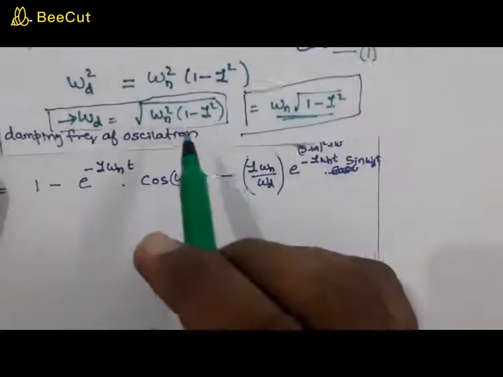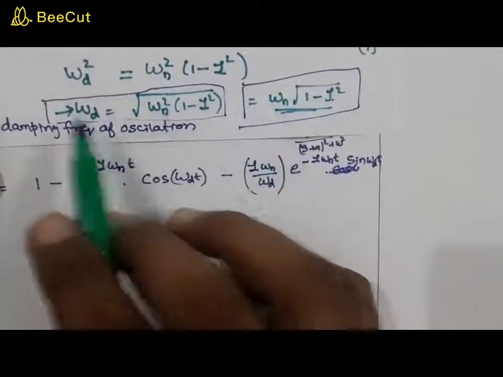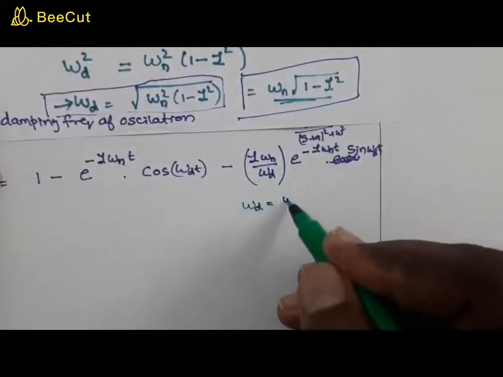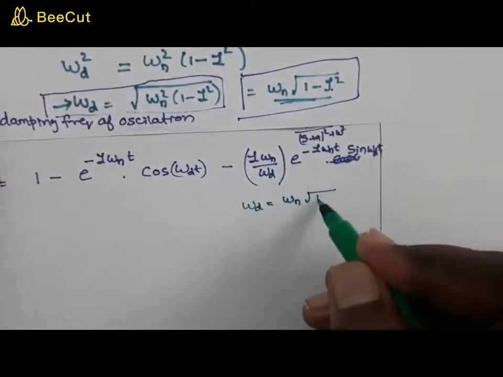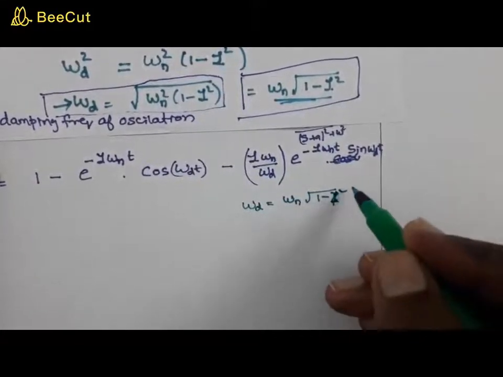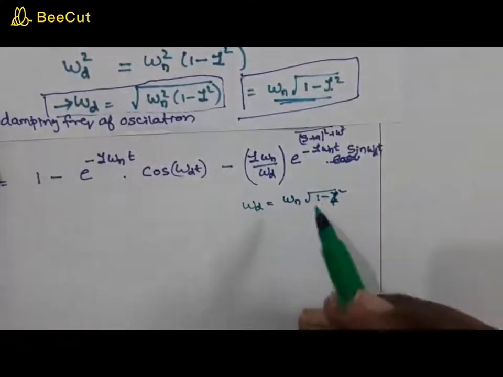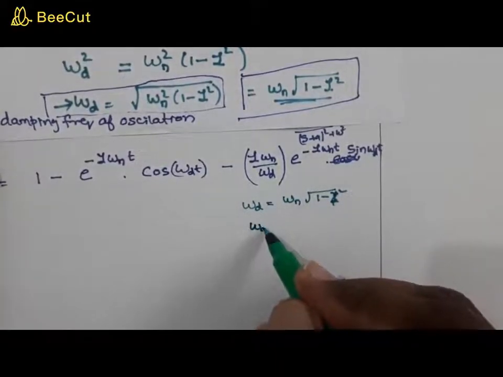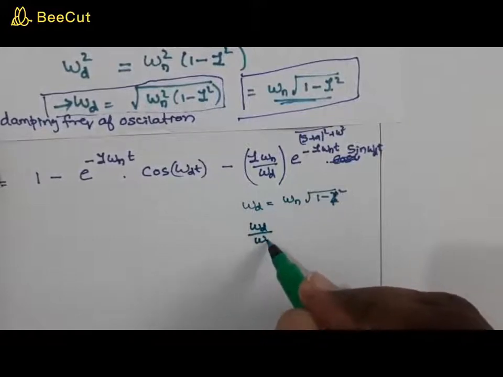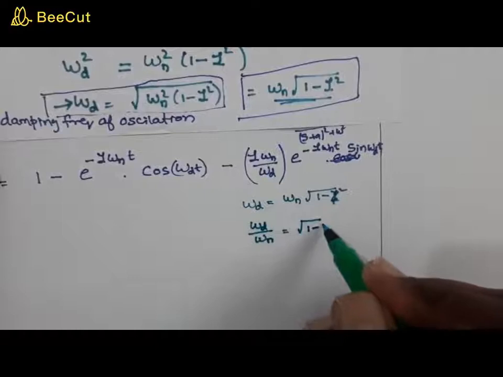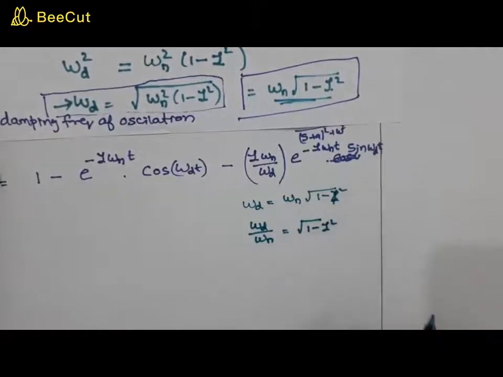So we have just learned the relationship between omega d and omega n, that is omega d equal to omega n into root of 1 minus theta square, right? Now what is this omega d by omega n? Omega d by omega n is root of 1 minus theta square, right?